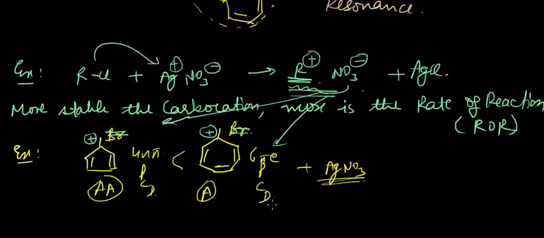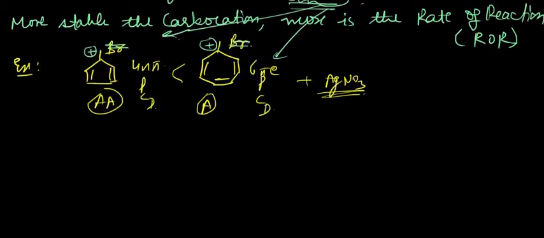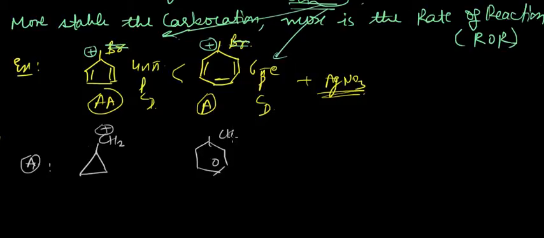Okay, so one more important point I would like to tell you here now is, suppose we have something like this, we need to actually identify the stability order of this ring with this compound with this compound.